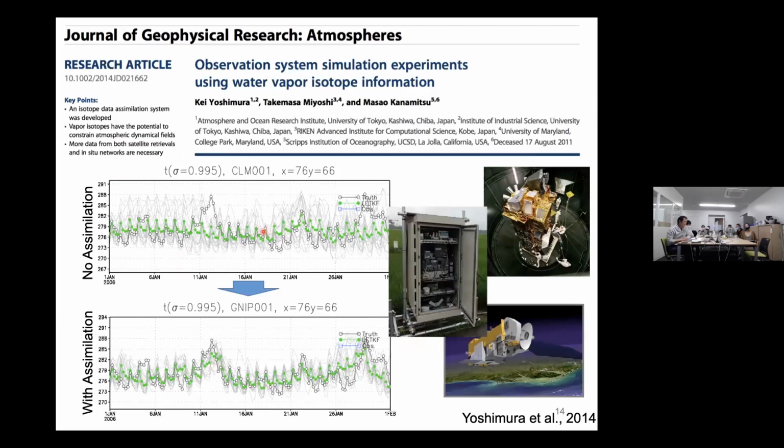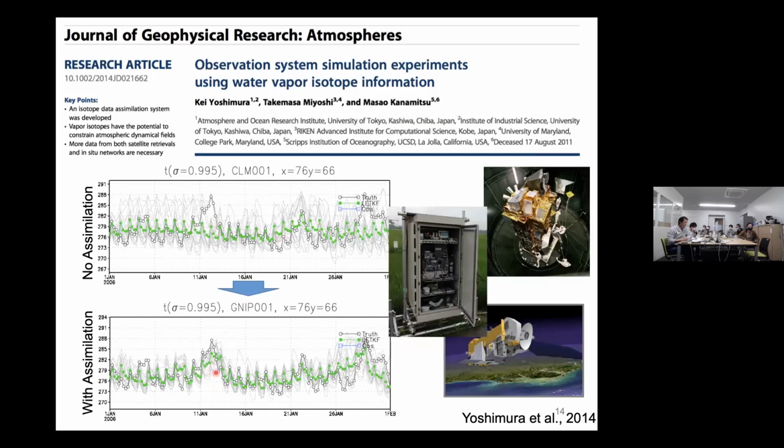This figure is telling the time series of temperature near Tokyo, and it was an idealized simulation. So we knew the truth. So black is truth, and green is the assimilated. And the top one is no assimilation. So actually there is a big discrepancy between black and green.